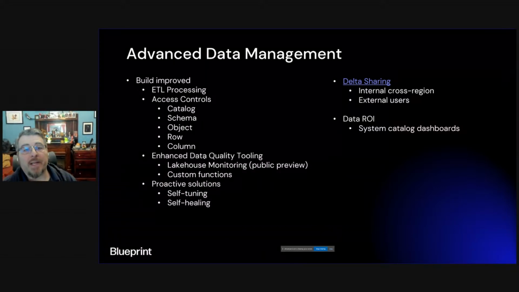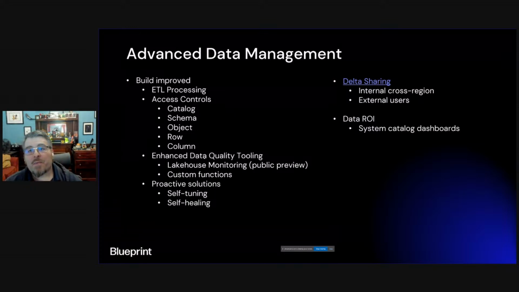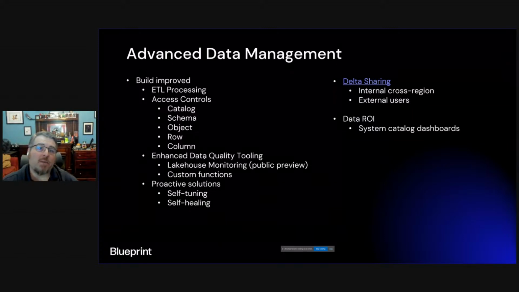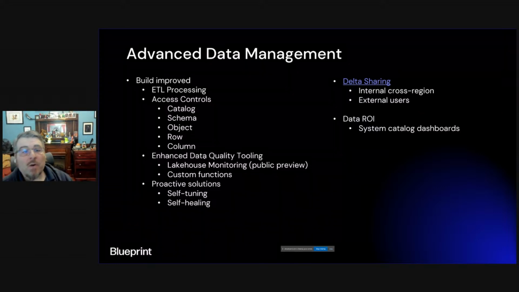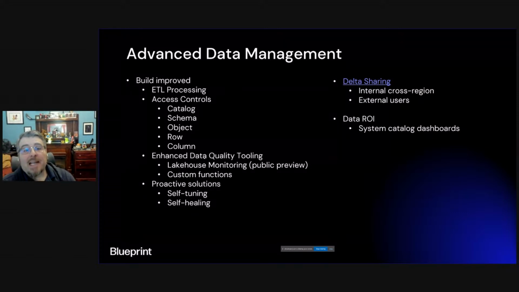We can also start building proactive solutions. So imagine building your jobs so that they keep track of how long they run and the compute type they use. And you notice a certain job is taking longer and longer each runtime. You could use that information to update the job to change the node types or change the number of nodes, and it would become self-tuning over time, both scaling up and scaling down.